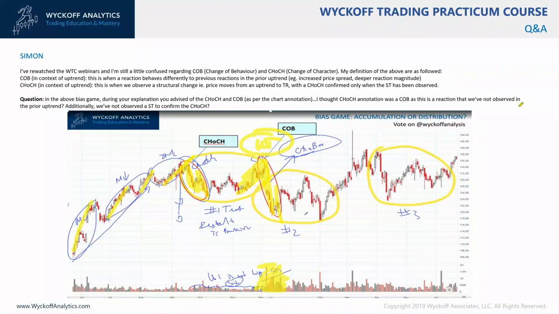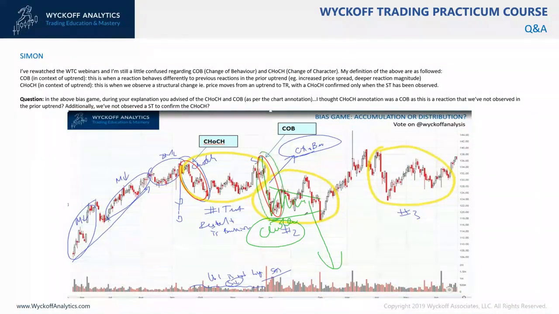So that changes the whole outlook for us. And it's not structural yet. We would have to have this and then a very weak rally and the continuation to say that this was a change of character. Instead, we have a change of behavior, and yet we are seeing a move to the upside here.